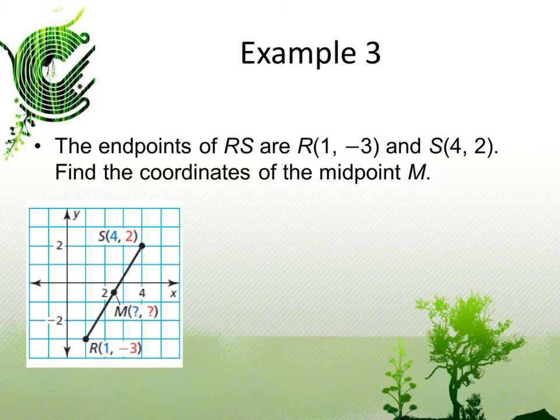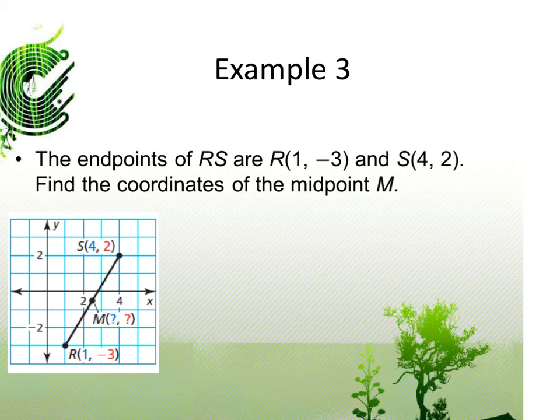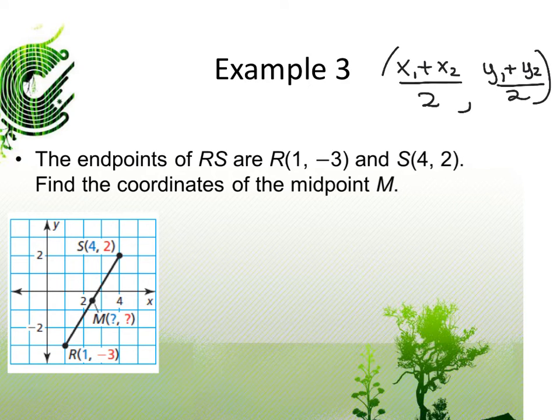All right, so let's try to find a midpoint using the midpoint formula. Just to remind you, let me write it over here at the top. Remember, we're going to do x1 plus x2 divided by 2, and then y1 plus y2 divided by 2. This is going to give us the x of the midpoint and the y of the midpoint.